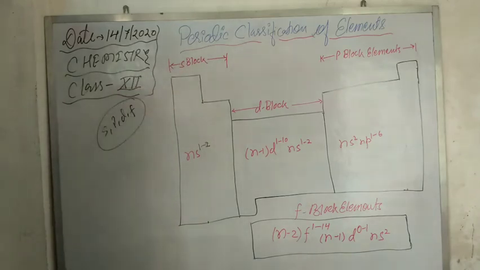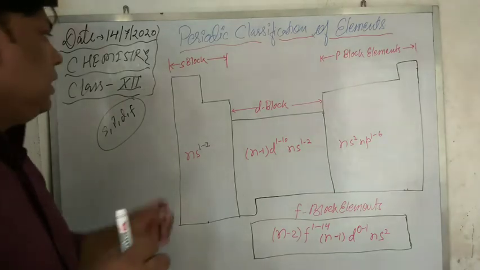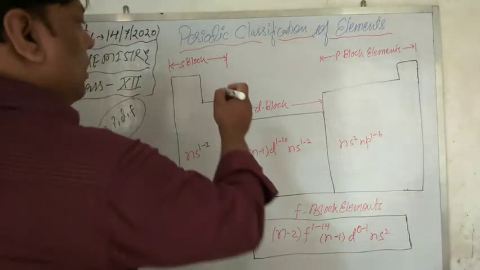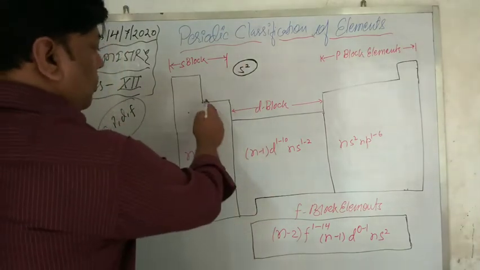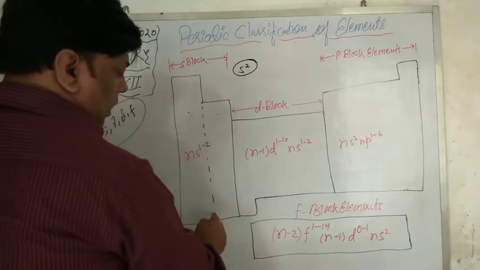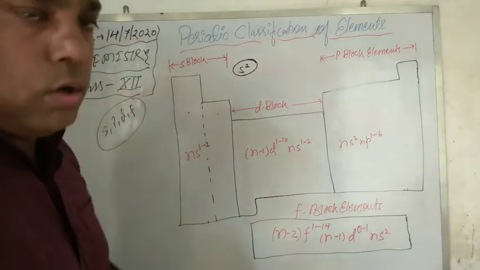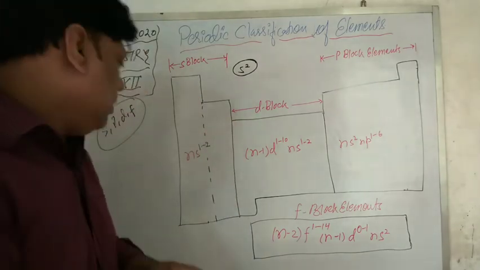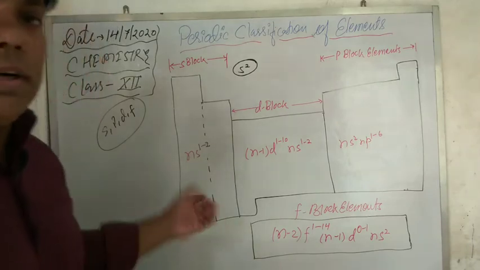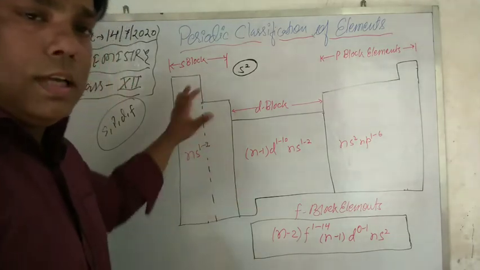In the case of the S block, the periodic table includes those elements in which the last electron is filled in the S subshell. Since the S subshell contains only 2 electrons, there are 2 groups in the S block. The first is called alkali metals and the second is called alkaline earth metals. ns1 to 2 is the general configuration for S block elements.